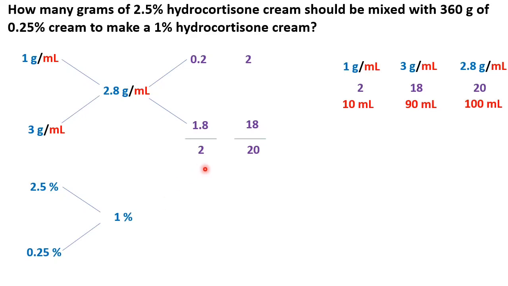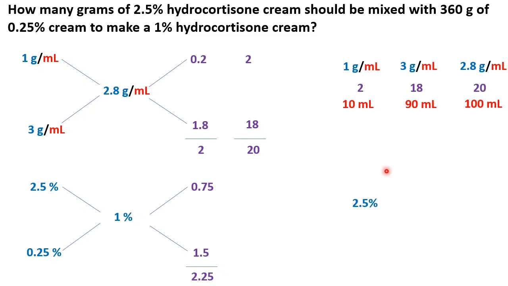Applying the same method, we subtract 1 minus 0.25, so we need 0.75 parts of the 2.5% hydrocortisone cream, and we subtract 2.5 minus 1, so we get 1.5 parts of the 0.25% cream. The total is 2.25 parts.